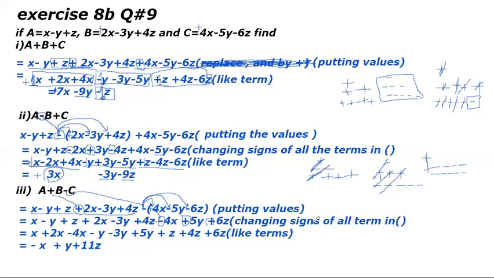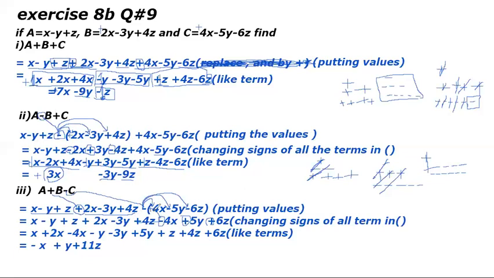We are changing the signs of all the terms in parentheses. Only the signs in the parentheses will be changed. The other signs will not change. Look, we will just copy down x in the next step, negative y, positive z, positive 2x, negative 3y, positive 4z.